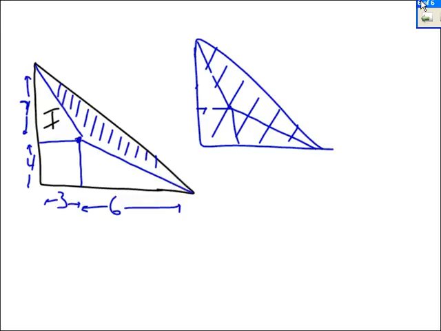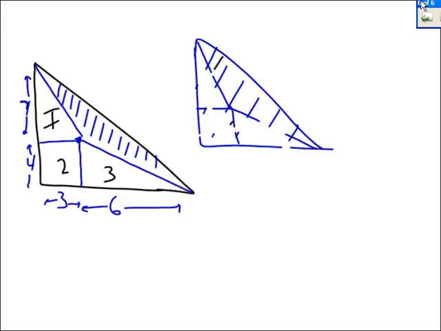I am then going to take away the area of this rectangle, call it area 2, and then I'm going to take away the area of this triangle here, call that area 3, and then I'm going to say, wow, look at this.